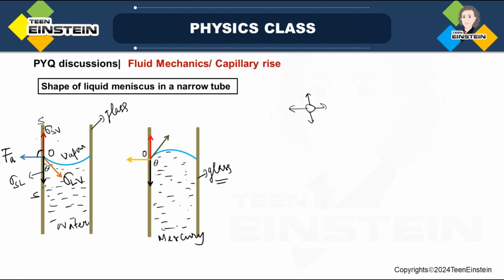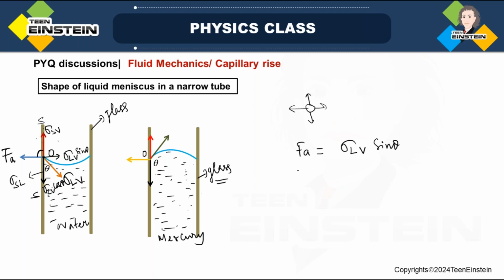One is along this way, sigma LV cos theta, and another one is along this direction, this is actually sigma LV sin theta. So at equilibrium, this Fa, the adhesive force, will be exactly balancing this sigma LV sin theta.